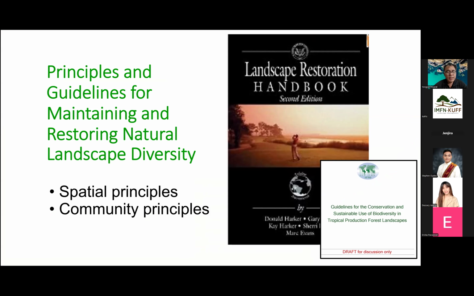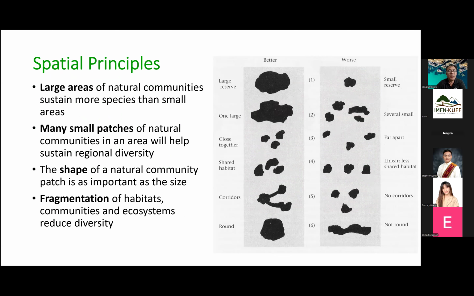So besides landscape restoration, what are the other principles and guidelines that we can use to promote landscape restoration for biodiversity conservation? This guideline was published several years ago. It includes the spatial principles and community principles.